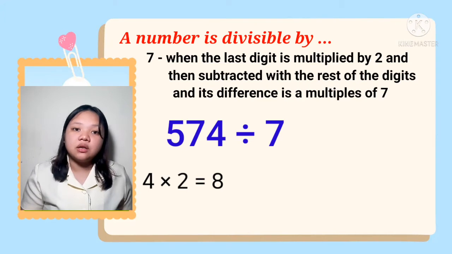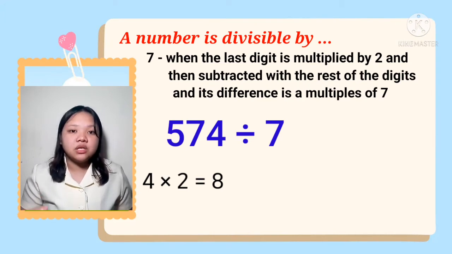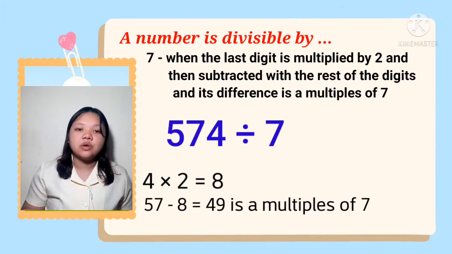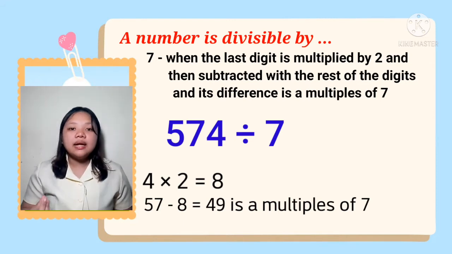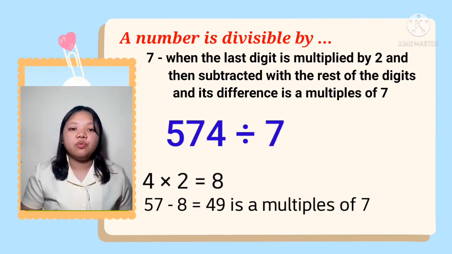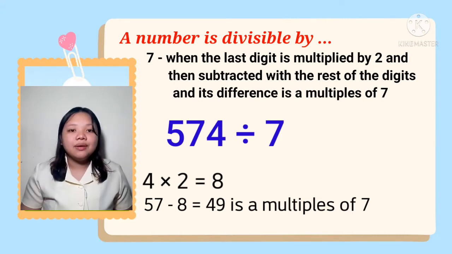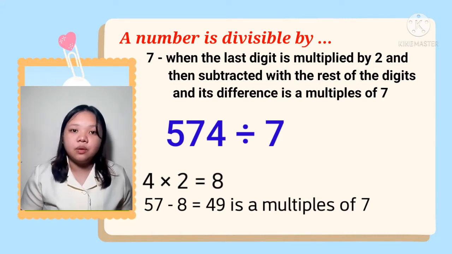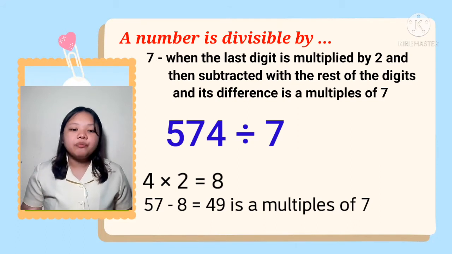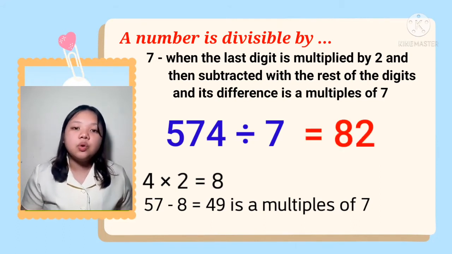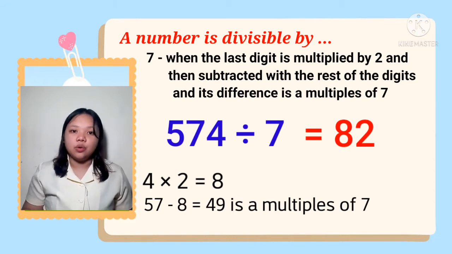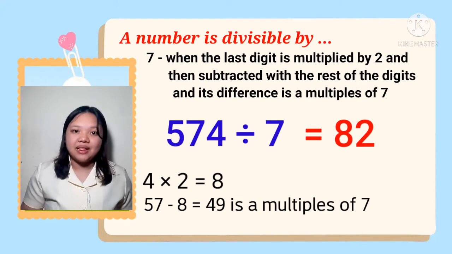Let's subtract the product from the rest of the digits, which is 57. 57 minus 8 is equal to 49, and 49 is a multiple of 7. Therefore, 574 is divisible by 7. So let us check. 574 divided by 7 is equal to 82, which is a whole number. Therefore, it is divisible by 7.